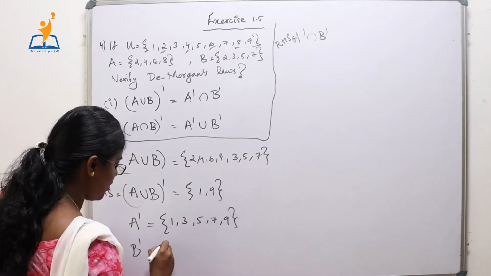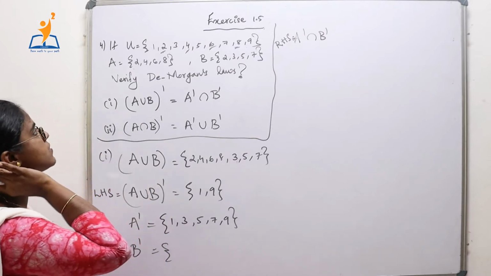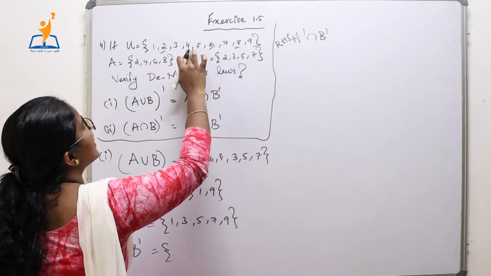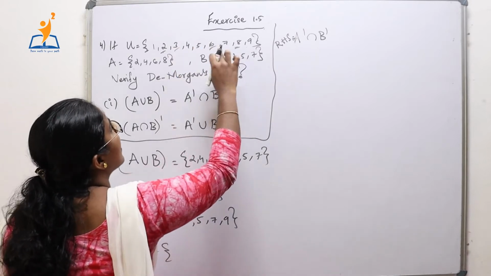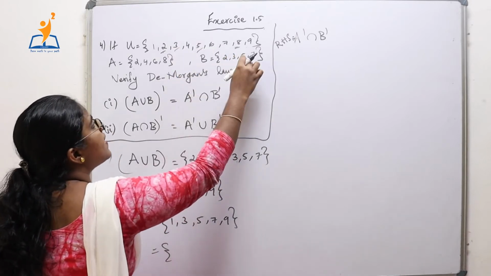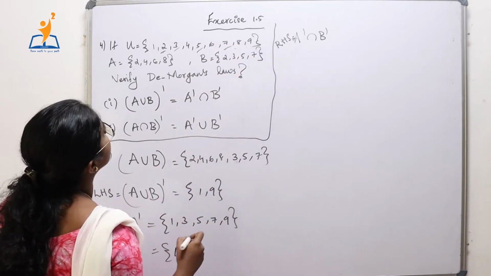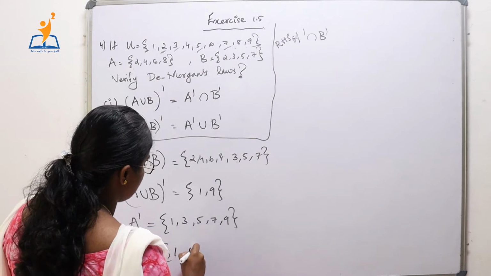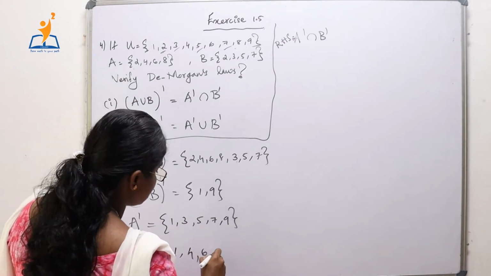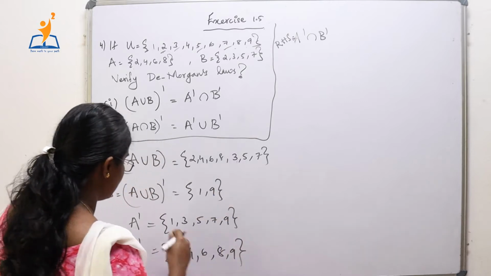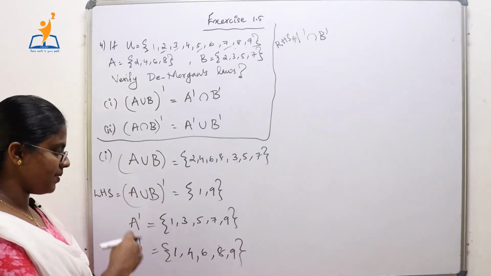Now moving on to B complement, we want to delete the elements of B from the universal set, that is 2, 3, 5 and 7. After removing we have 1, 4, 6, 8 and 9. So we got A complement and B complement.